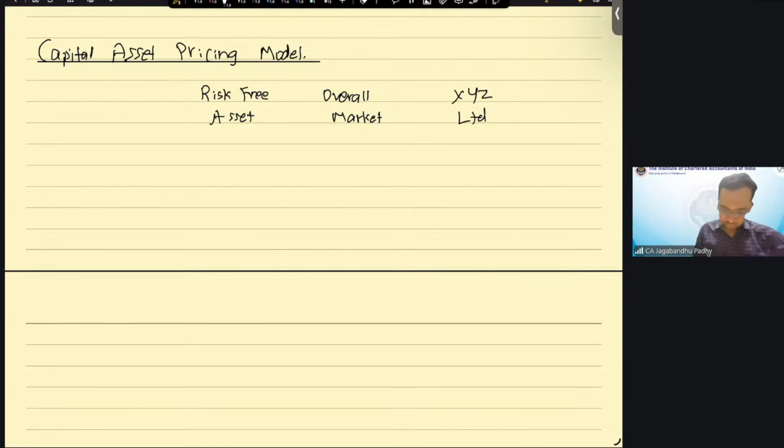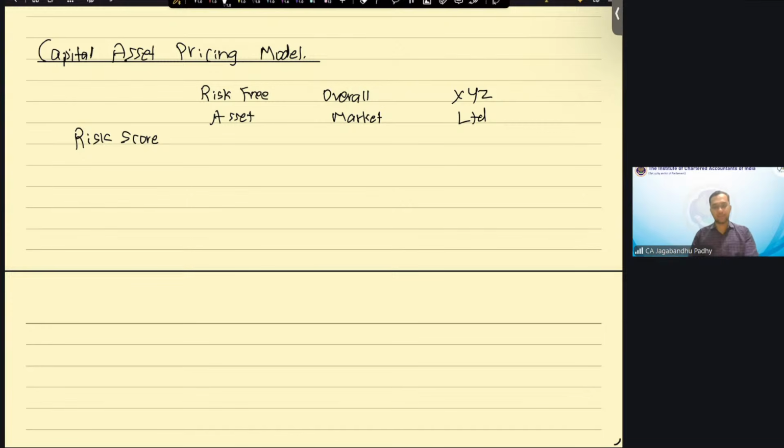Okay. If I talk of risk score, obviously, what's going to be the risk in a risk-free asset like government bonds, or in India, you can say State Bank of India FD, or bonds of RBI?